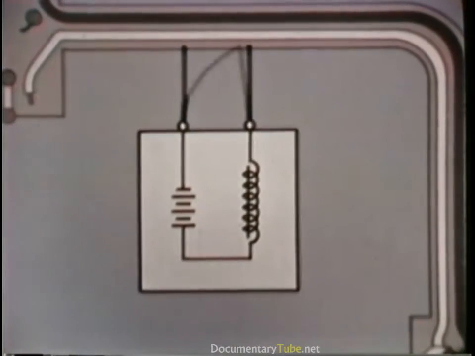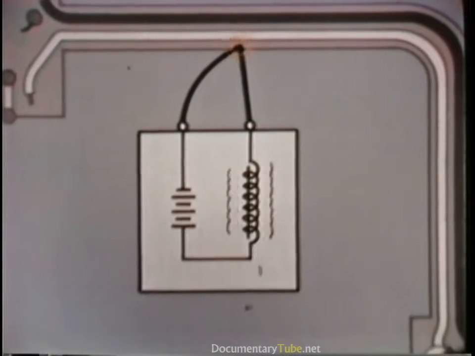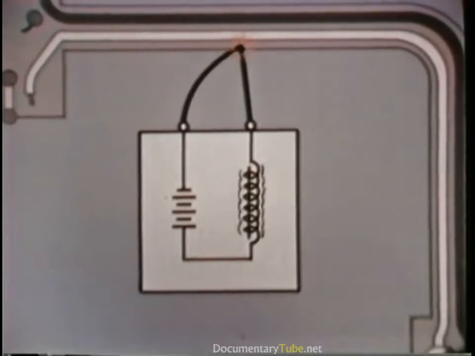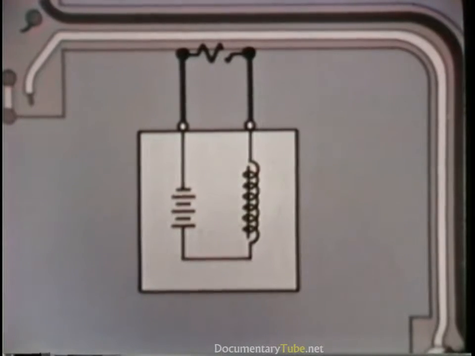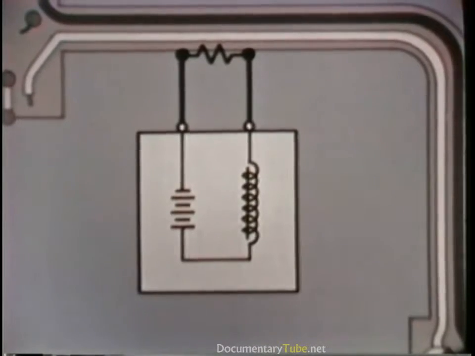When the two test leads are brought together, the current activates the buzzer and it makes a sound. Thus, when the leads are placed on a circuit under test, no sound means no continuity, while this sound means continuity.